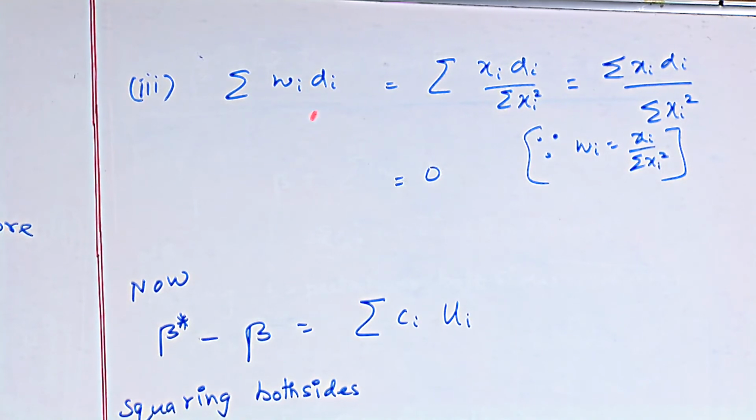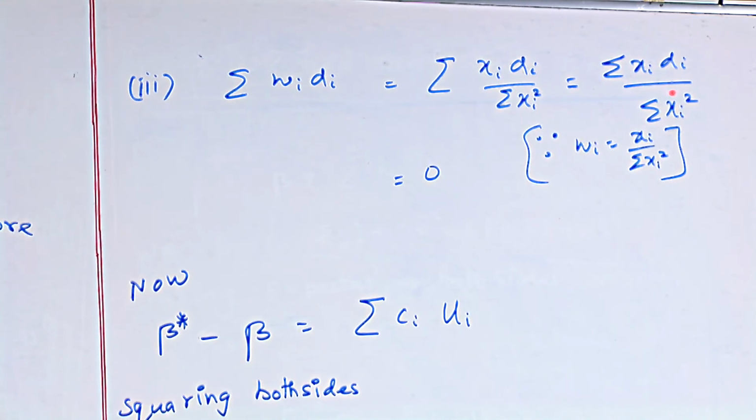From these previous derivations, we may also find the value of Σ Wi Di, that is equal to Σ xi Di divided by Σ xi square, because Wi is equal to xi by Σ xi square. So this expression becomes Σ xi Di divided by Σ xi square.